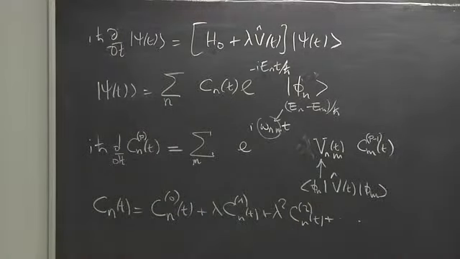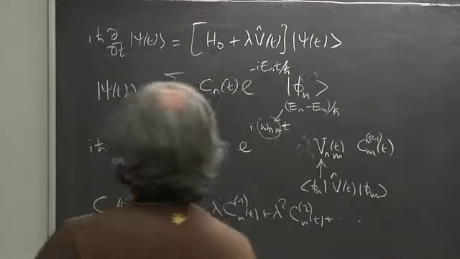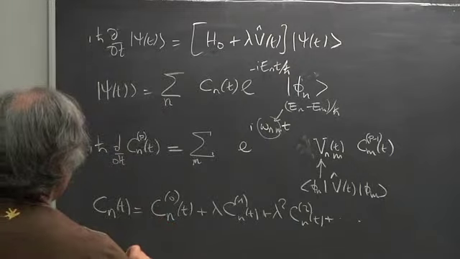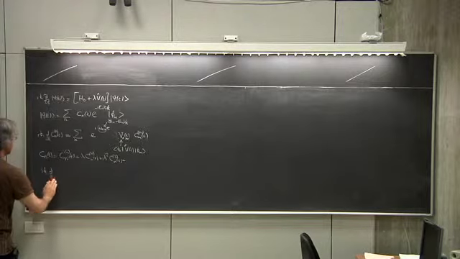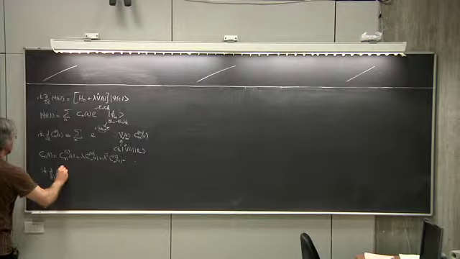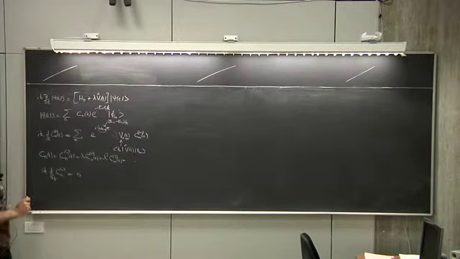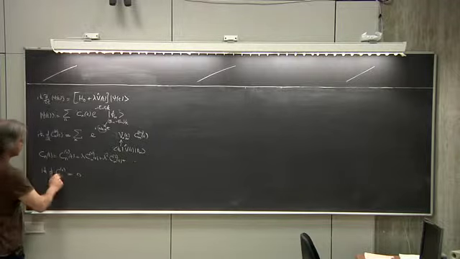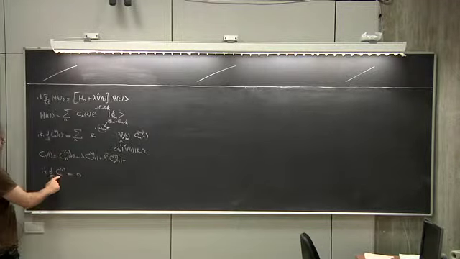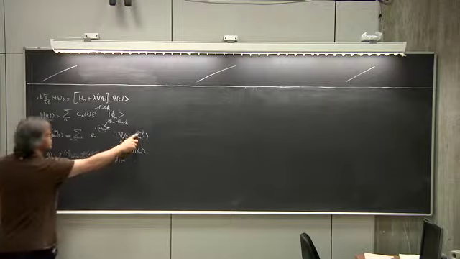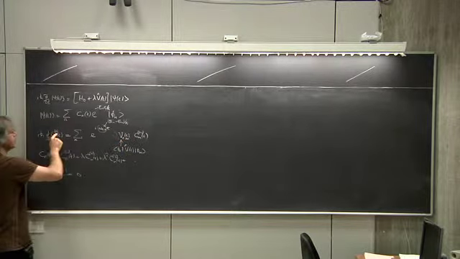I can write that for the zero order, I have the derivative equal to 0 because there is nothing else before, and therefore these quantities are time independent. Then you can put the zero order terms here and obtain the first order.